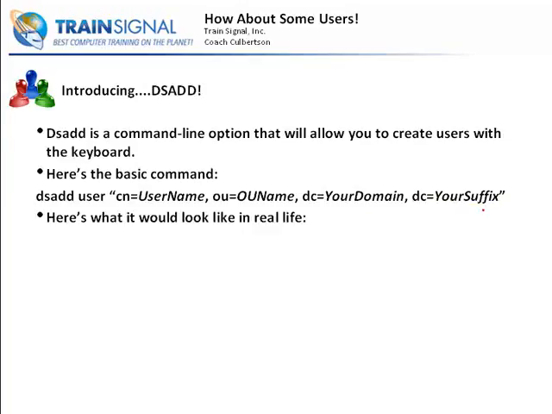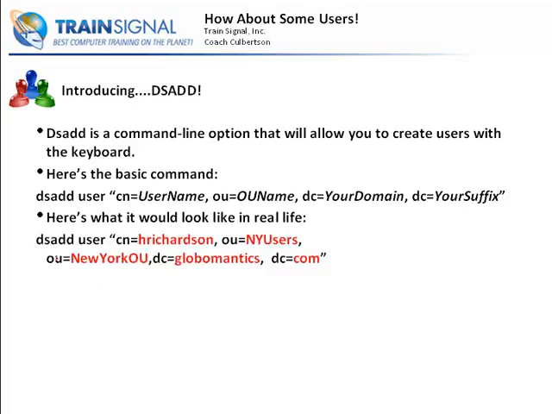Now here's what it would look like actually in real life. It would look like dsadd user cn equals Hank Richardson, which is the username, OU equals NY users, OU equals New York OU, DC equals Globomantics, DC equals com. If I was to create Hank's account via the command line, this is exactly what I would type. Now you notice here I have two OU entries.